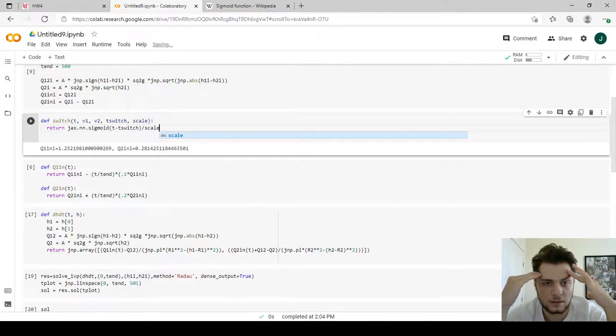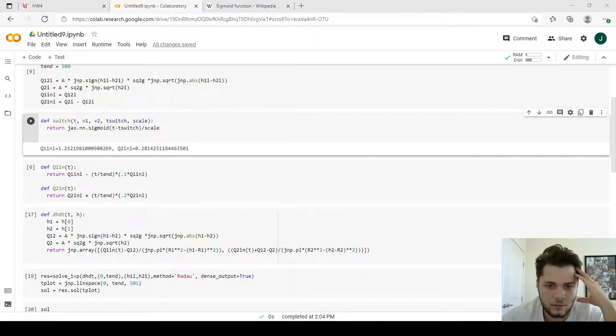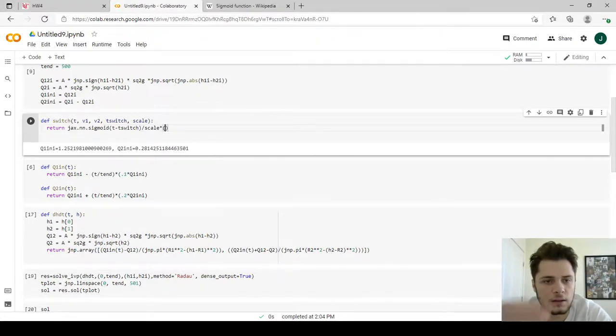And then the next thing I want to do to transform this is multiply it by my difference in my values, so V2 minus V1.